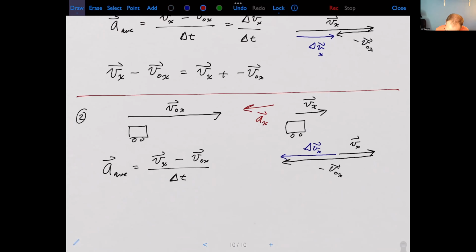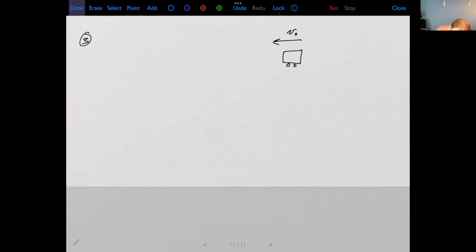Okay, here's another two more situations. Let's say now the car is initially moving to the left, at a small velocity, right? But it's negative, it's to the left.